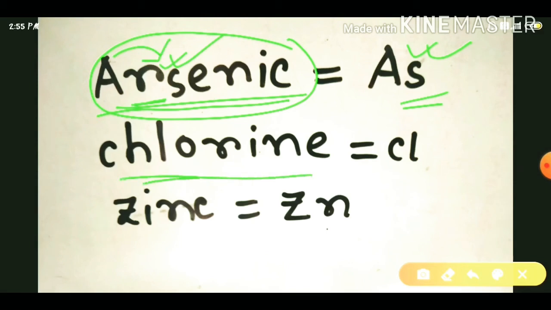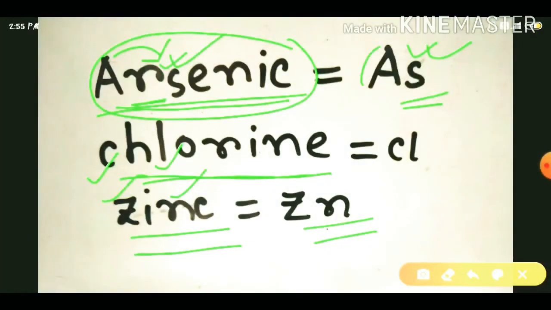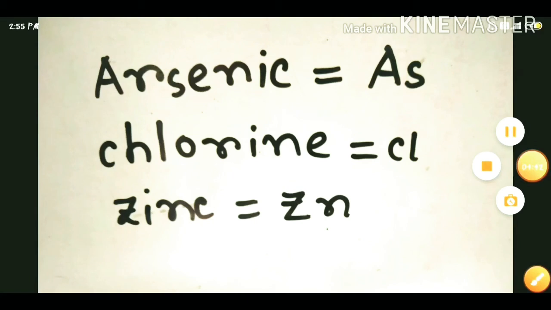Also in the case of chlorine we take Cl, not Ch, and in the case of zinc we take Zn, not Zi. So for these cases we also remember the first letter is always capital and the second is small.